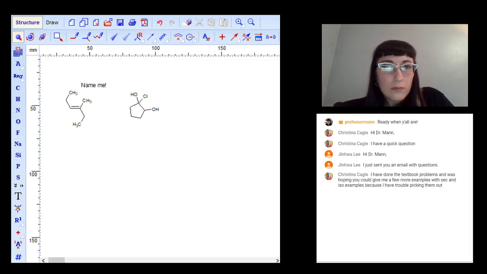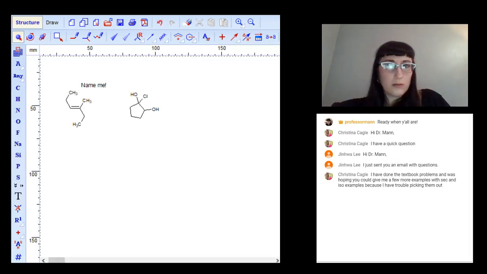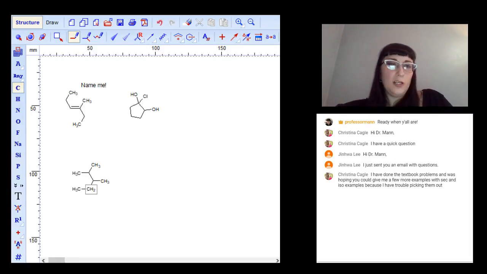So, what you sent me were some nomenclature questions, regarding the naming of this molecule.